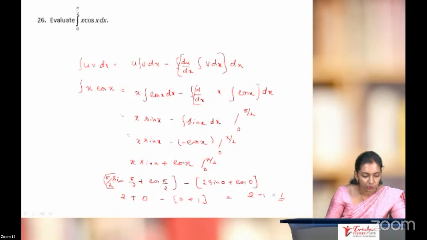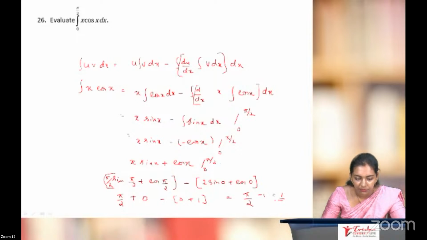So pi by 2 plus 0 minus 0 plus 1. So pi by 2 minus 1, correct. Yeah, this is the answer: pi by 2 minus 1.